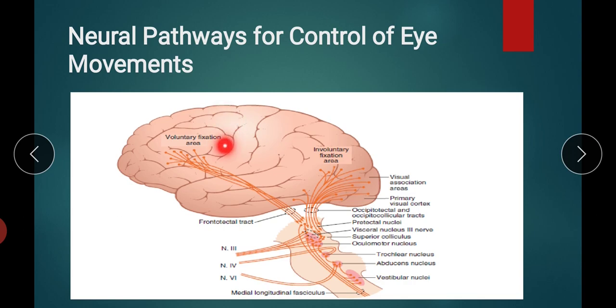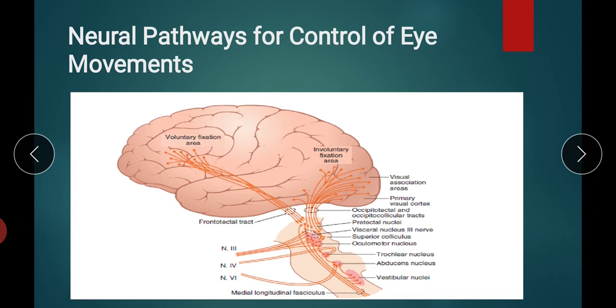For example, if we want to move our eyeball with our will, we can move it, but at certain times its movements are involuntary also, to keep the image clear or in focus. So at that time the involuntary movements are there, and voluntarily we can also move our eyeball.